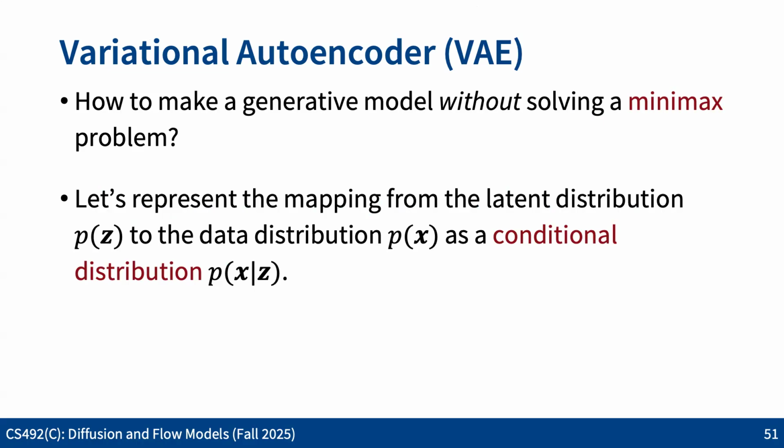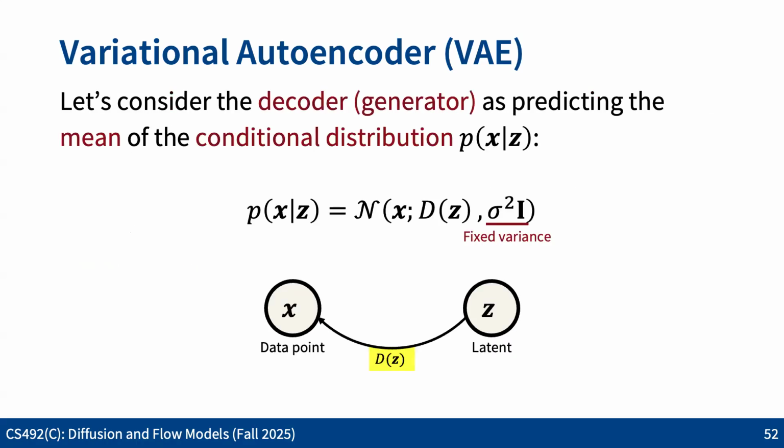We see this mapping problem as another sampling problem. Given any sample Z coming from the standard Gaussian distribution, how do we learn the conditional distribution so that we can sample X, the data point, conditioned on Z? So that's the basic idea.